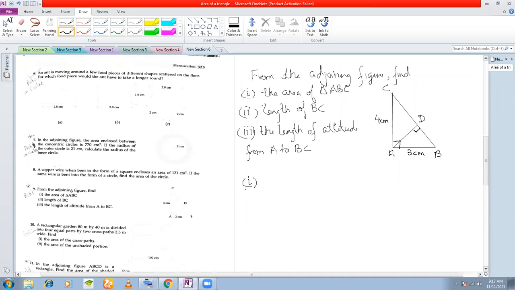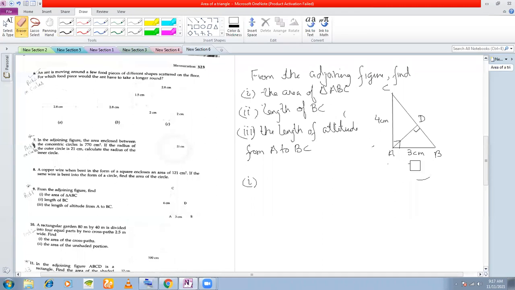Now, if you see, this is a right angle triangle, right? So therefore, in the right angle triangle, you can consider this as your base and you can consider this as your height. Okay. Or you can consider the other way also. You can consider this as your base, and you can consider this as your height also. Okay, the other way also.